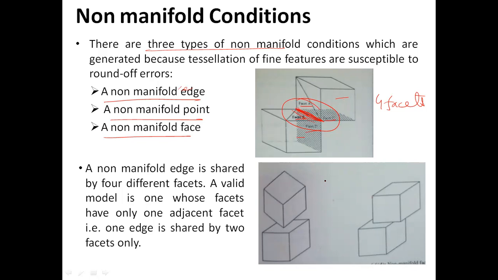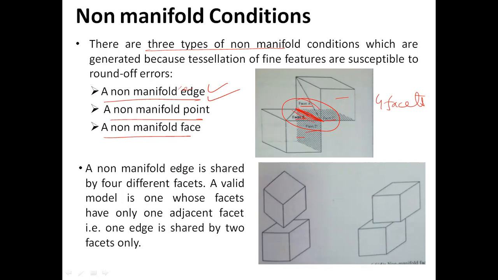When you move it to a point, the edge will inevitably come into the picture. So point and face conditions are not found very commonly, but definitely edge is found in many cases.